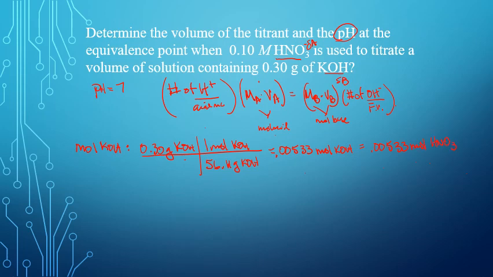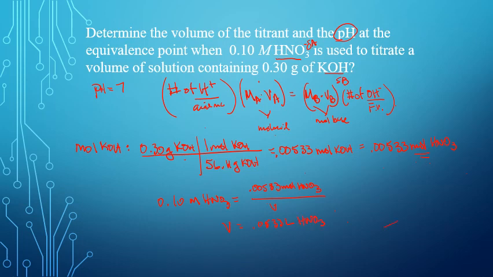So at this point, since I have the moles of the nitric acid, and I know that I have 0.10 molar HNO3, that would be equal to 0.00533 moles of HNO3 divided by the volume. So I could rearrange my equation to solve for V, multiply by V on both sides, divide by 0.1, and that would give me 0.0533 liters of the HNO3.